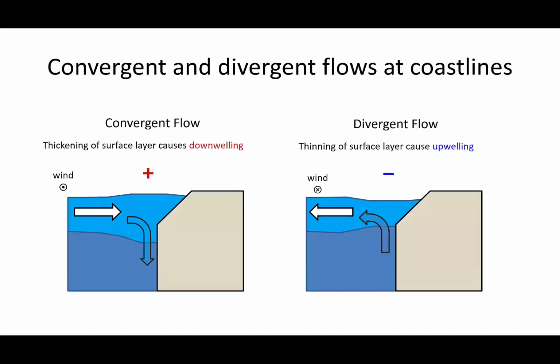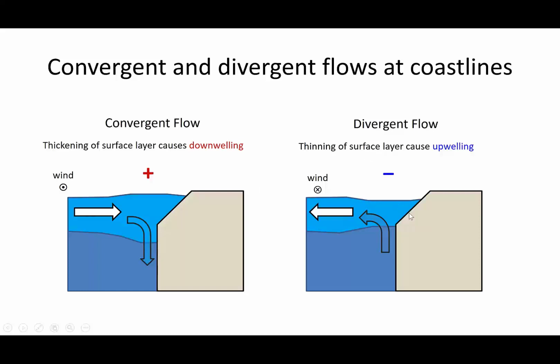A similar thing happens along coasts. Where we have convergent flow of water towards a coast, the low density surface layers pile up against the coast and we end up with downwelling. And again, because this low density layer is thicker, the surface of the ocean also stands higher.